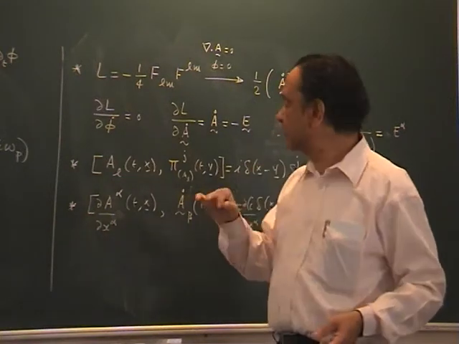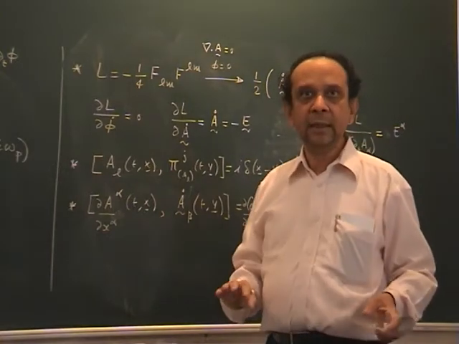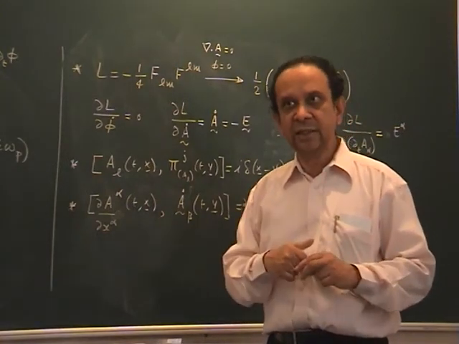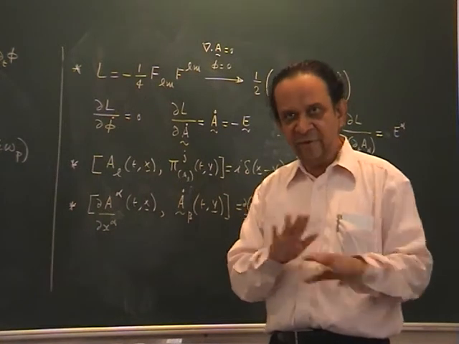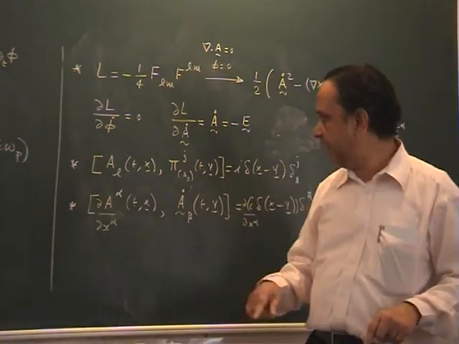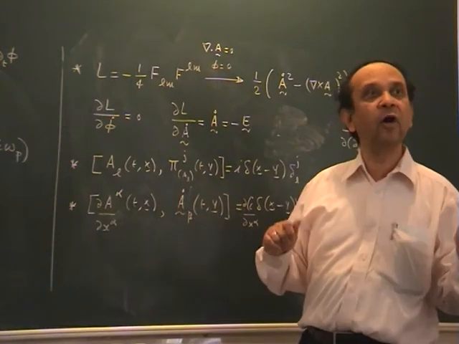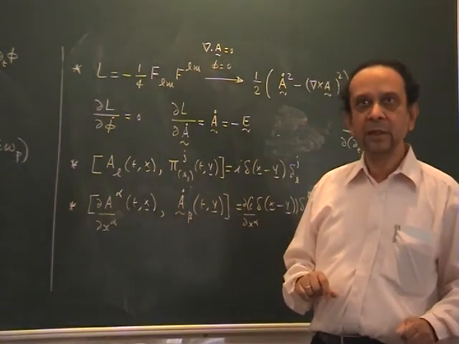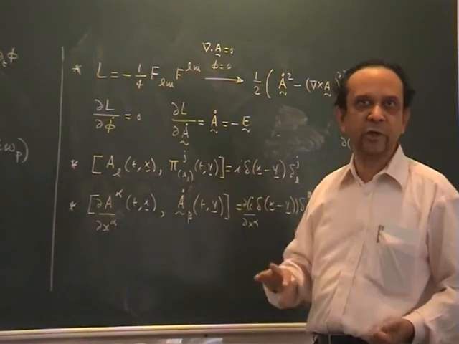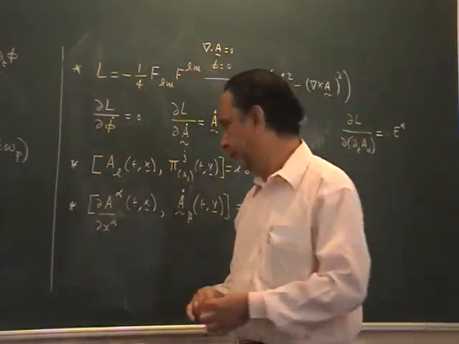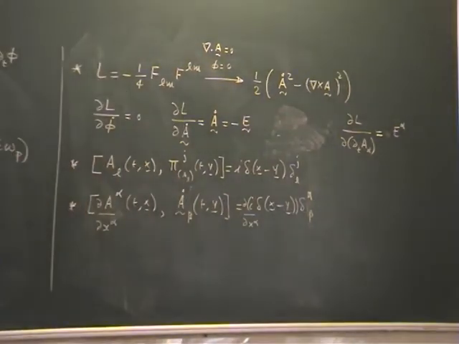The other method is to go back to this action, decompose it into harmonic oscillators and quantize the harmonic oscillators. That will work perfectly well, and finally go back and calculate this commutator to see what it is. Okay? So I will do both the approaches, but I will first start with the harmonic oscillator. Fine. So let us try that out.